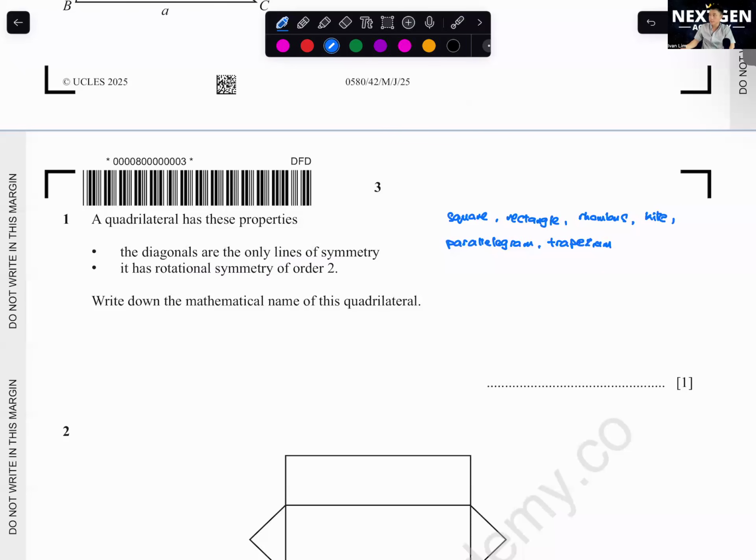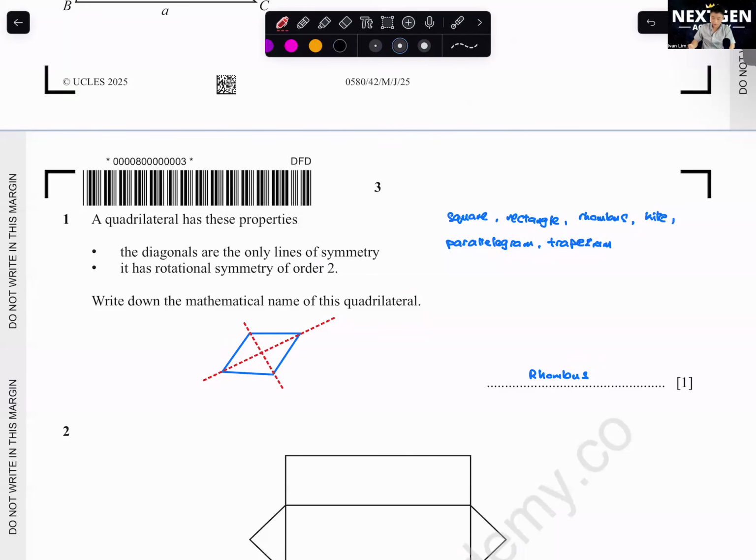The answer is a rhombus. Why rhombus? You can draw a rhombus. It's a square-like quadrilateral, but slanted. Where can you get the lines of symmetry? It'll be here and here, and these are the diagonals.